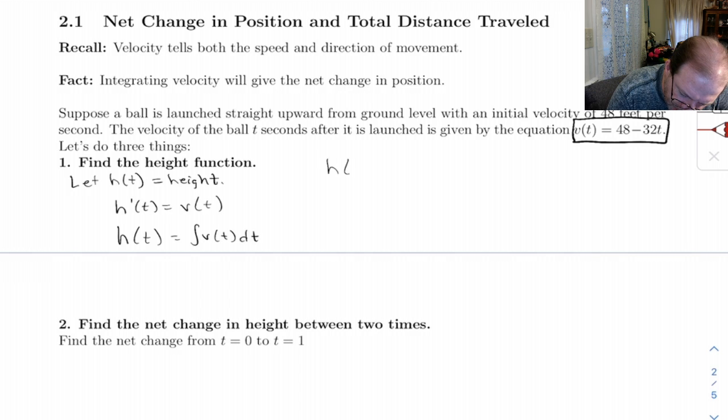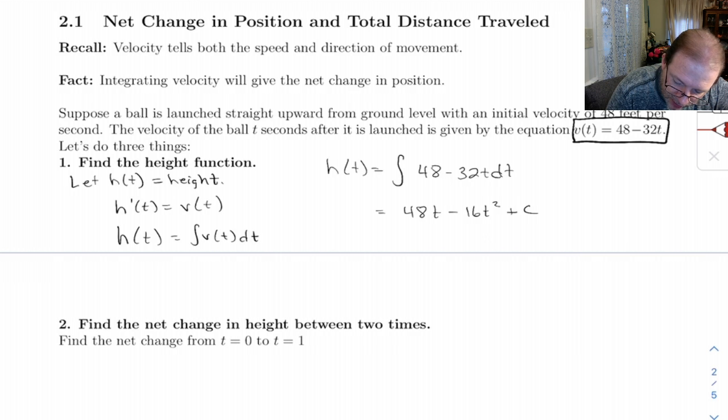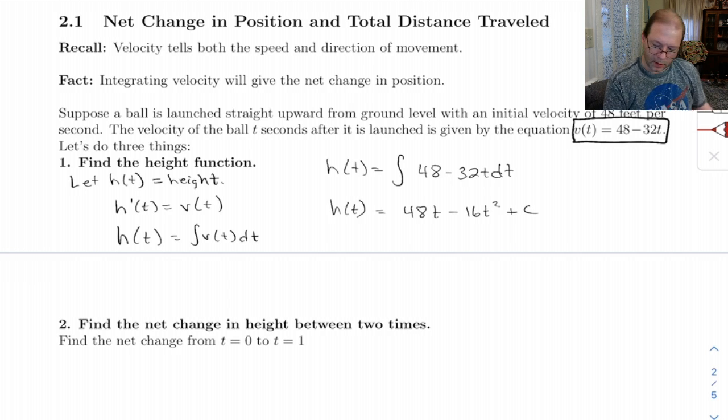H of t then is the integral of 48 minus 32t dt. So that's 48t minus 16t squared plus c. And that's our function for height. What about the c?